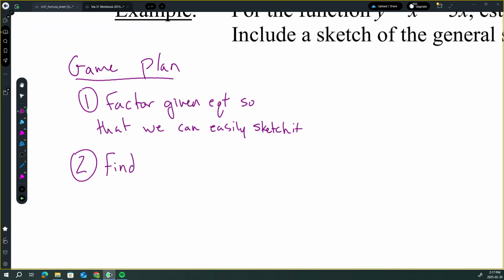So that we can easily sketch. Okay. Step 2, we're going to find the slope of the secant line that we're going to draw. So maybe I should say draw secant line and then find slope.